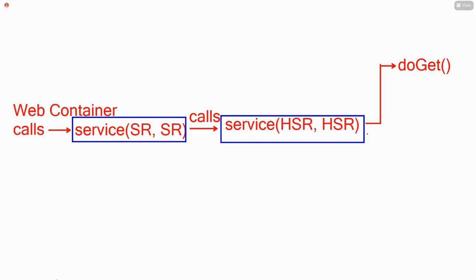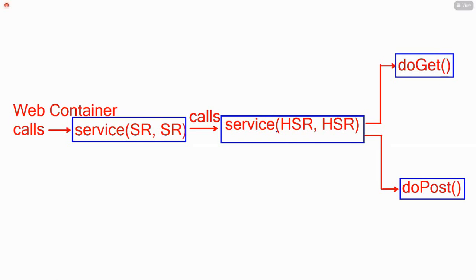If the request type is post, then it calls the doPost method. So what it will do, in this method body, is check the request type.